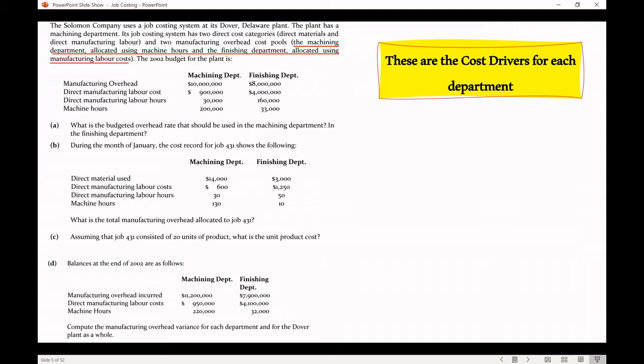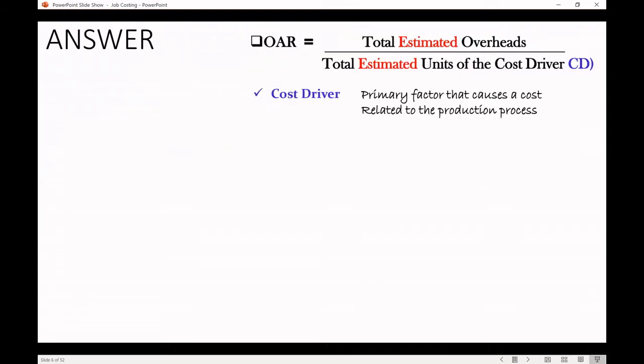So the budgeted overhead rate is our OAR. That's what it's asking us to find. And as you would have seen, the formula for OAR is total estimated overheads divided by total estimated units of our cost driver.